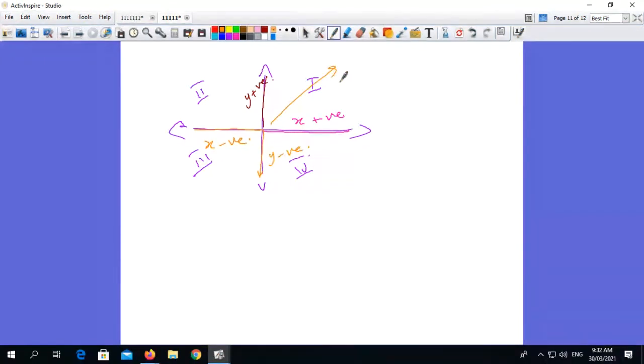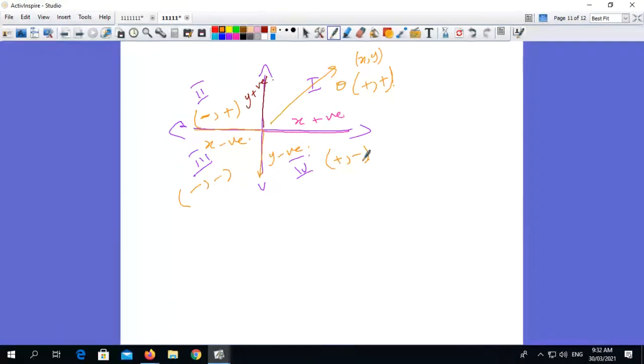If theta lies in the first quadrant, then both the signs of x and y are positive, and in the second quadrant x is negative but y is positive. In the third quadrant both are negative, and in the fourth quadrant x is positive, y is negative.